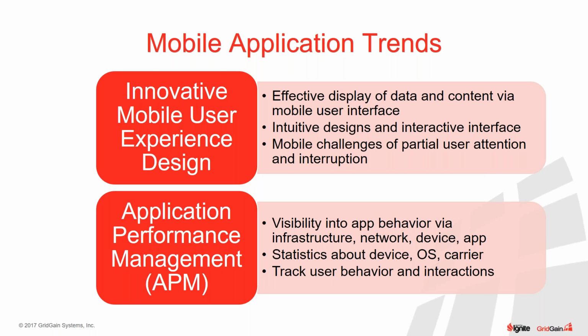We can monitor our infrastructure, and we can really see detailed statistics about device, operating system, carrier, various components of our infrastructure stack, and we can track user behavior as well. So we now have a much better idea of what users are doing and how performance is enabled by various components of the equation.